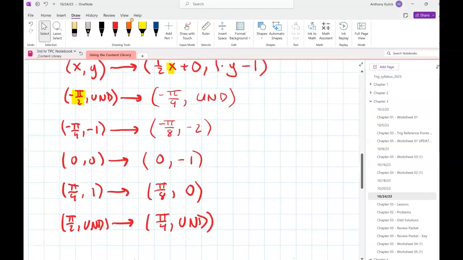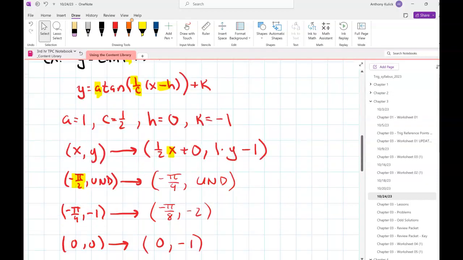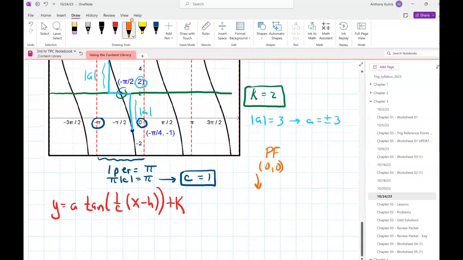If I go back to the parent function of tangent, we drew that right here. There's (0, 0). Before (0, 0), which is a midline point, the graph points down, and after (0, 0), the graph points up. So that's the type of midline point I have, a down-midline-point-up.